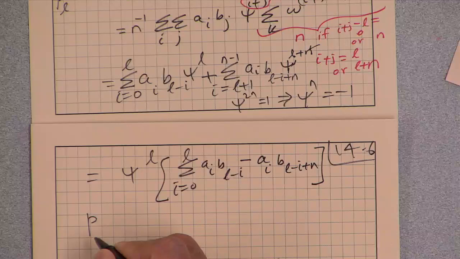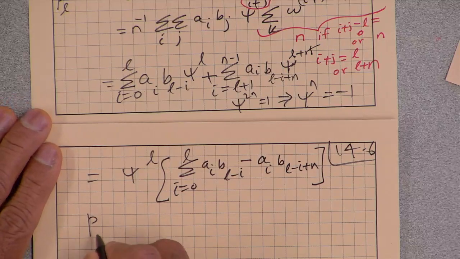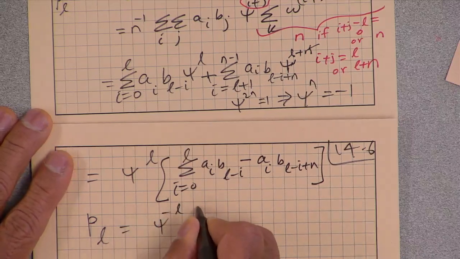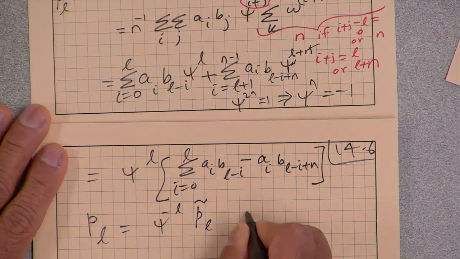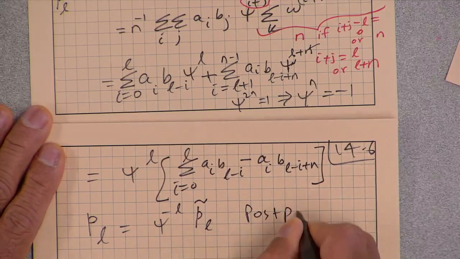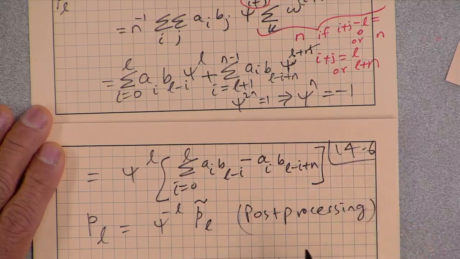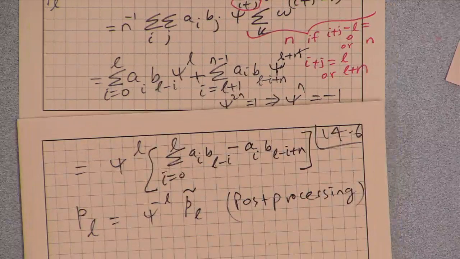So what I really want is this quantity, P_L. Ultimately, to compute P_L, we need to multiply P_L tilde by psi to the power minus L. P_L is going to be psi to the power minus L times P_L tilde, and that is the post-processing step. If you see what we were able to accomplish with that minus sign, it is exactly what we were manually observing last time.